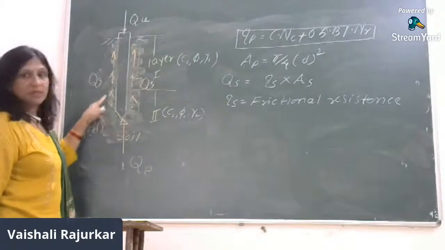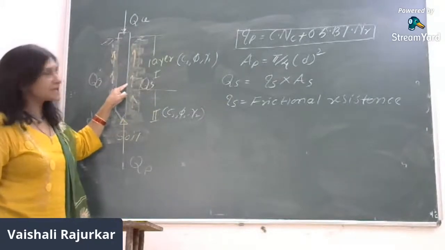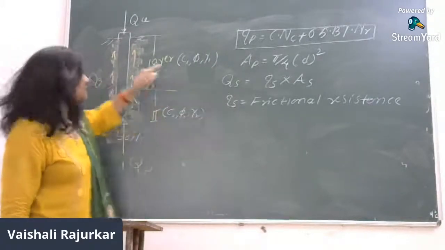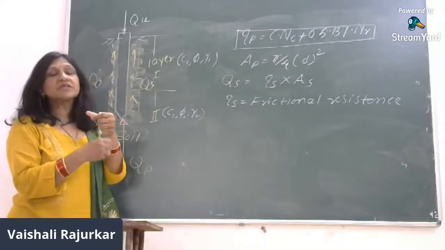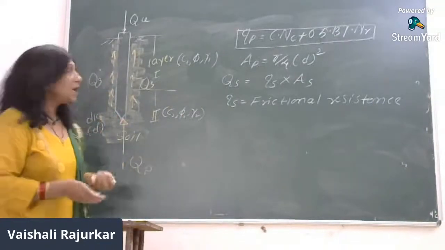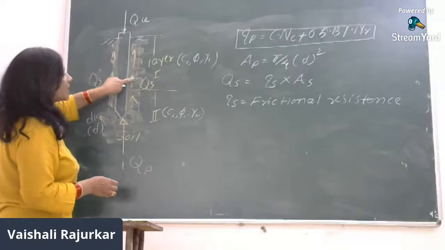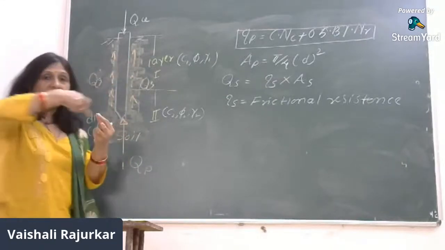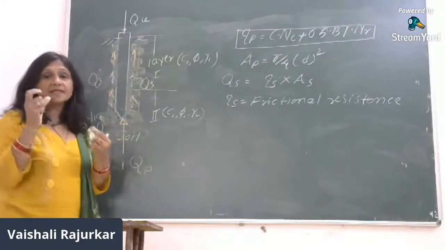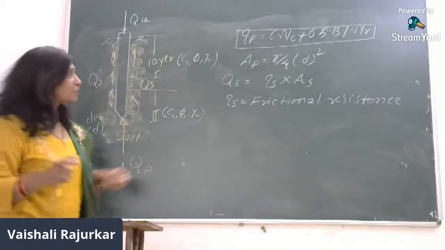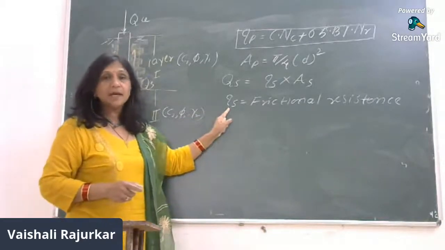Now you can see this is the soil where the frictional resistance is acting, and this qs is basically the parameter which is related to the cohesion. So you can see the cohesion of the soil available around the periphery is the important component which provides the frictional resistance to the pipe.